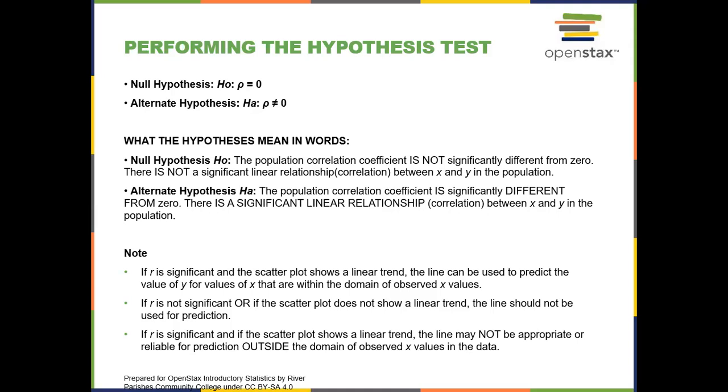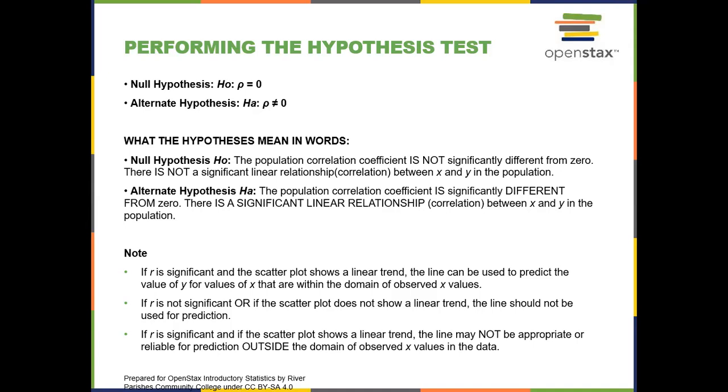Null hypothesis H0: the population correlation coefficient is not significantly different from 0. There is not a significant linear relationship between X and Y in the population. Alternative: rho not equal to 0, the population correlation coefficient is significantly different from 0. There is a significant linear relationship between X and Y in the population.